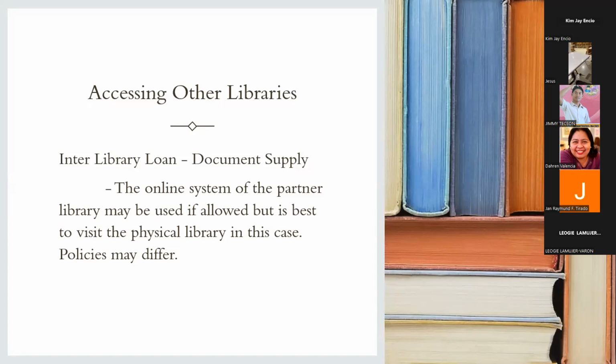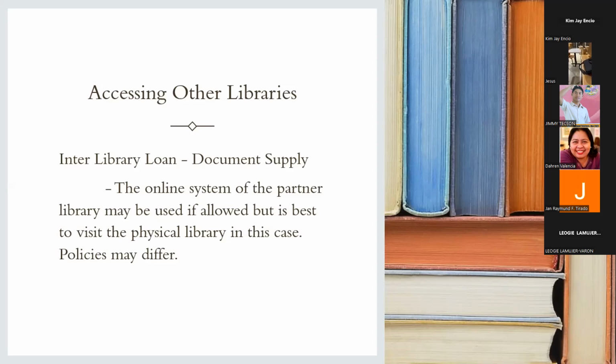What I know, sir, is that students can access the OPAC. But when it comes to external, for example, people from the outside who would try to access, what I know is they only allow the alumni.